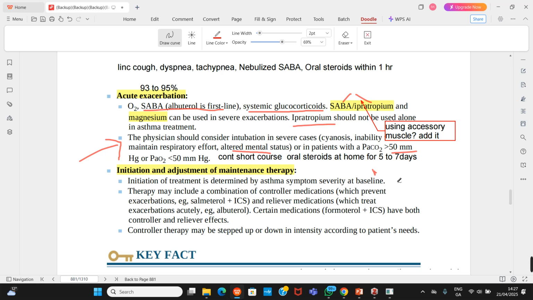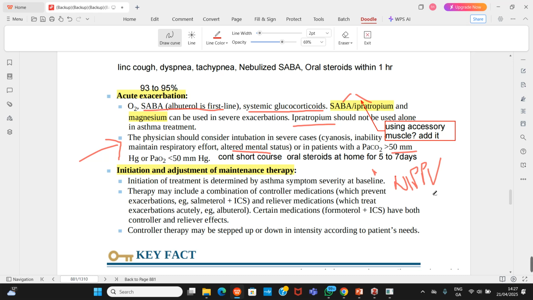But sometimes you might need to do NIPPV first, which is non-invasive positive pressure ventilation. So we are not intubating. We are not going inside their airway. We are just applying the mask to deliver positive pressure so that we can keep the airways open, especially during expiration, which is a problem that they experience. So you can do that first if you are seeing all these respiratory muscle fatigue.